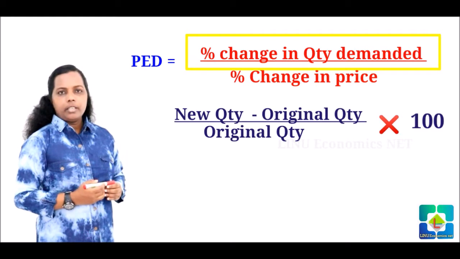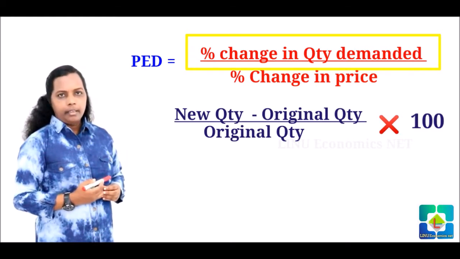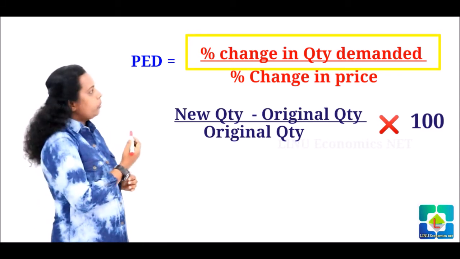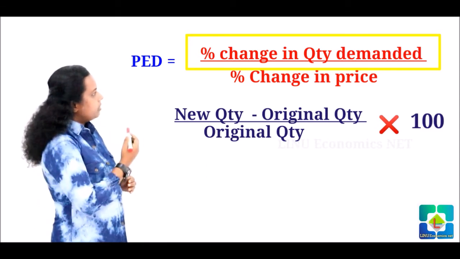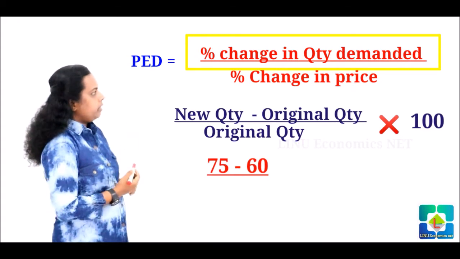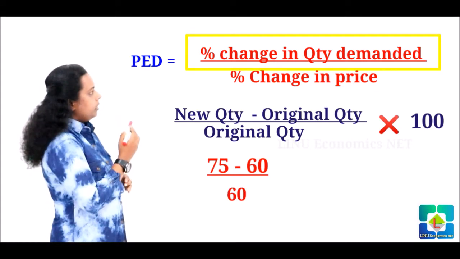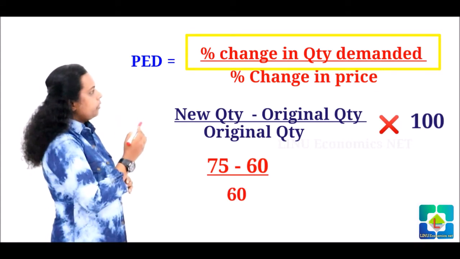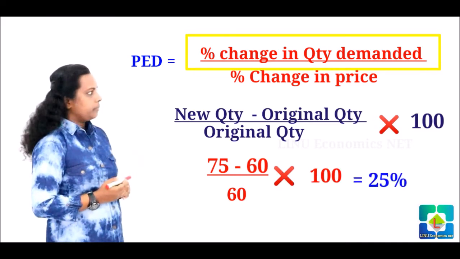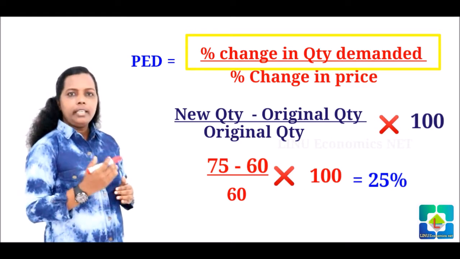This is the equation to calculate percentage change in quantity demanded. Here in our example, the new quantity demanded is 75 units and the original quantity demanded is 60 units, divided by the original quantity 60, into 100. So we get 25%. So we got the percentage change in quantity demanded.